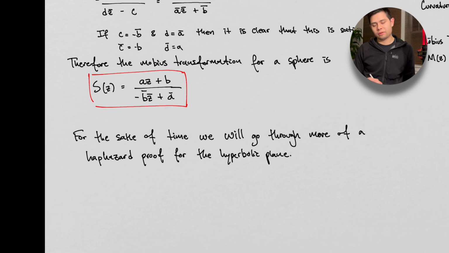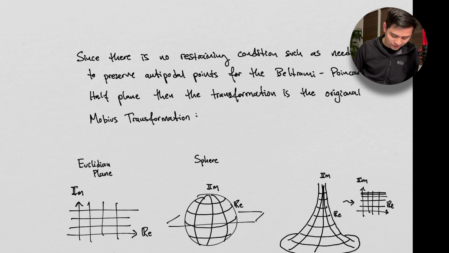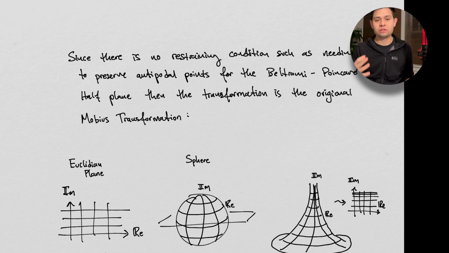All right, and so like I mentioned, I'm pushing on 17 minutes here. For the sake of time, we're going to go through a more haphazard proof for the hyperbolic plane. And here's my haphazard proof. Since there are no restraining conditions such as needing to preserve antipodal points on the Beltrami-Poincare half-plane, because it really just is a plane, then the transformation is going to be the original Mobius transformation.